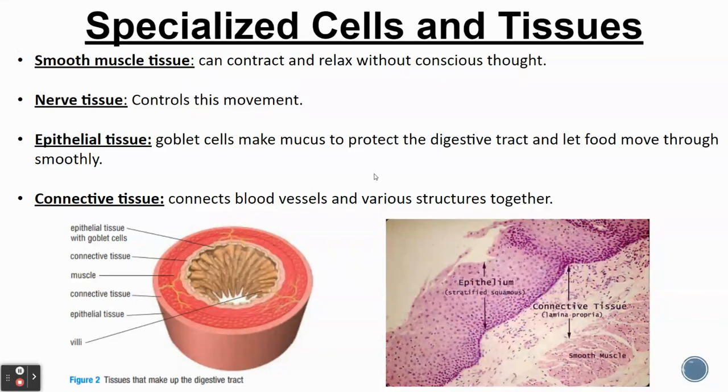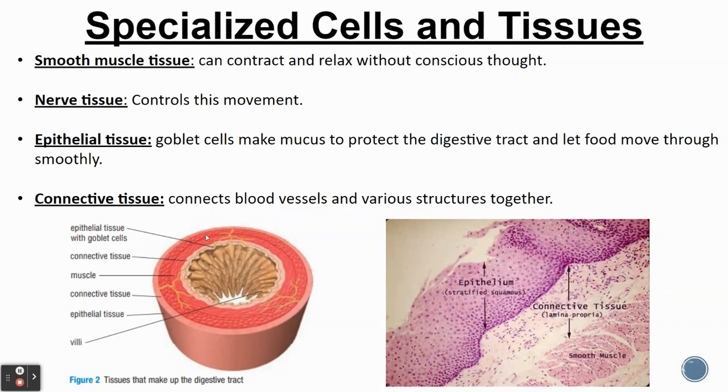One important thing that we'll also study in this video and in the lesson are some specialized cells and tissues in the digestive system. So your digestive system has some smooth muscle tissue, and the one special thing about smooth muscle tissue is that it's actually able to contract and relax without you thinking about it. It's involuntary, we say.